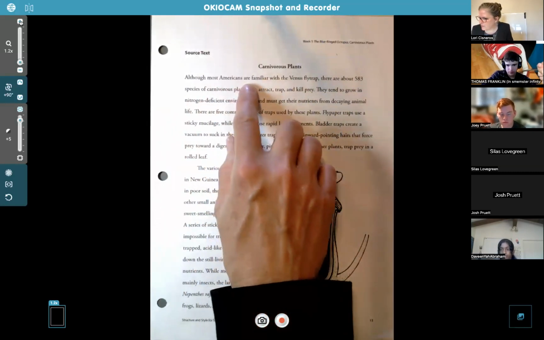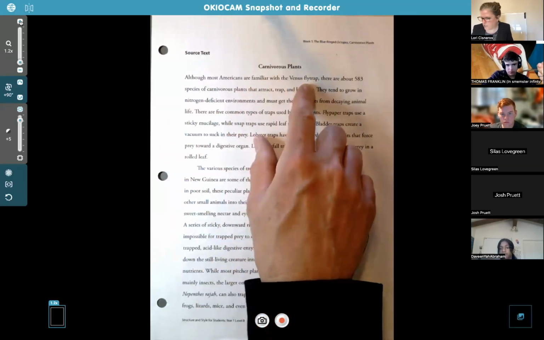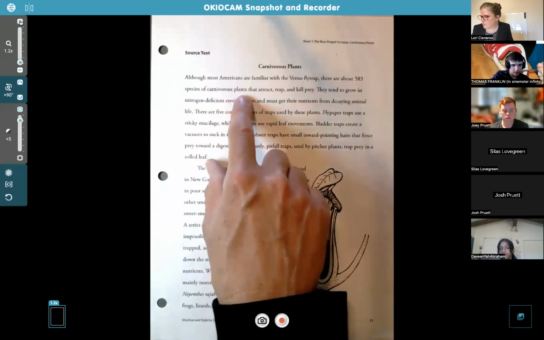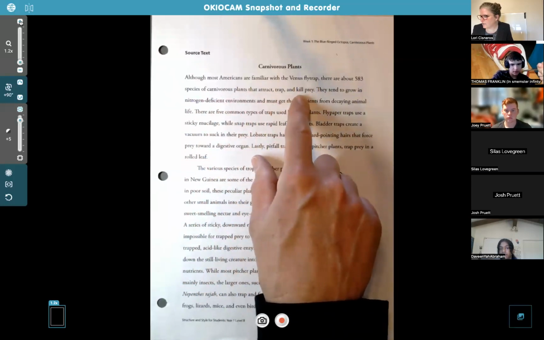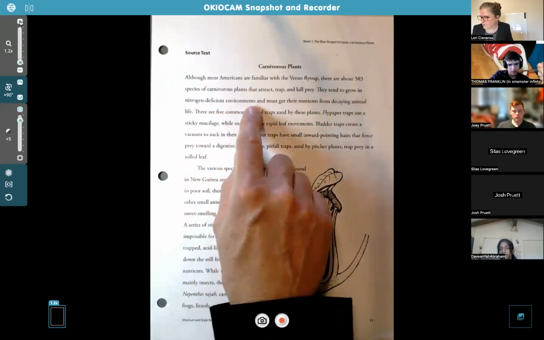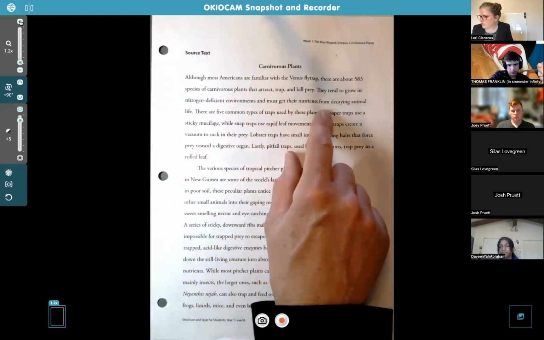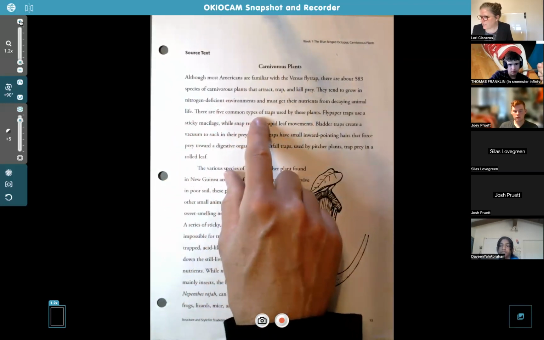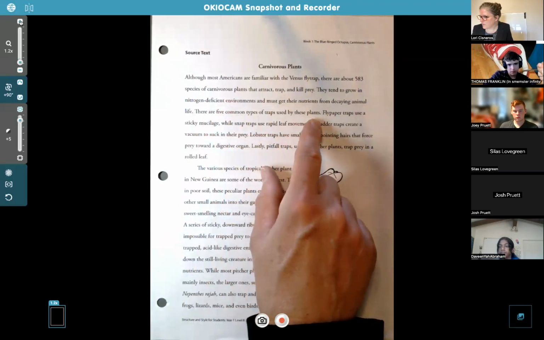Although most Americans are familiar with the Venus flytrap, there are about 583 species of carnivorous plants that attract, trap, and kill prey. They tend to grow in nitrogen-deficient environments and must get their nutrients from decaying animal life. There are 5 common types of traps used by these plants.